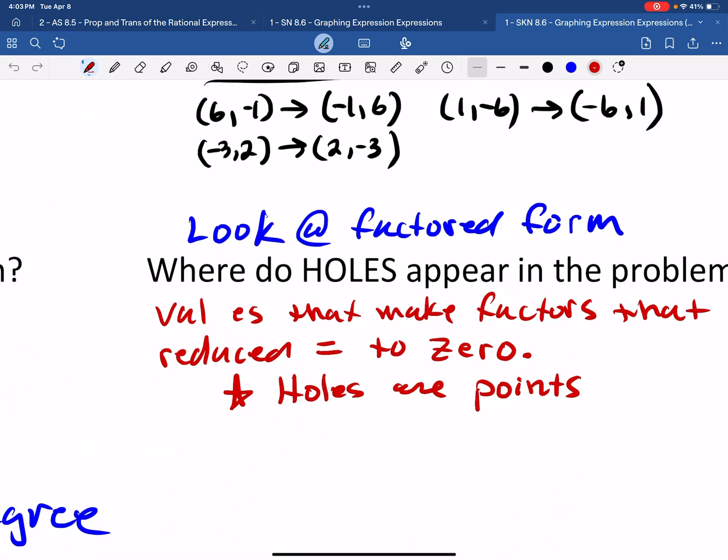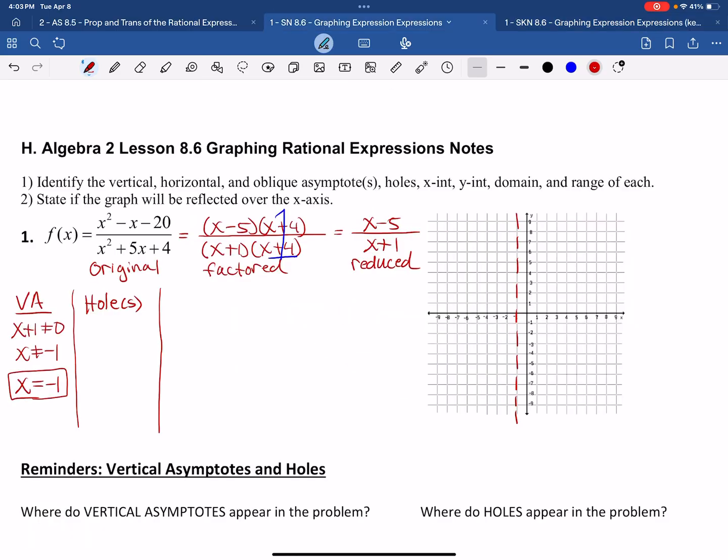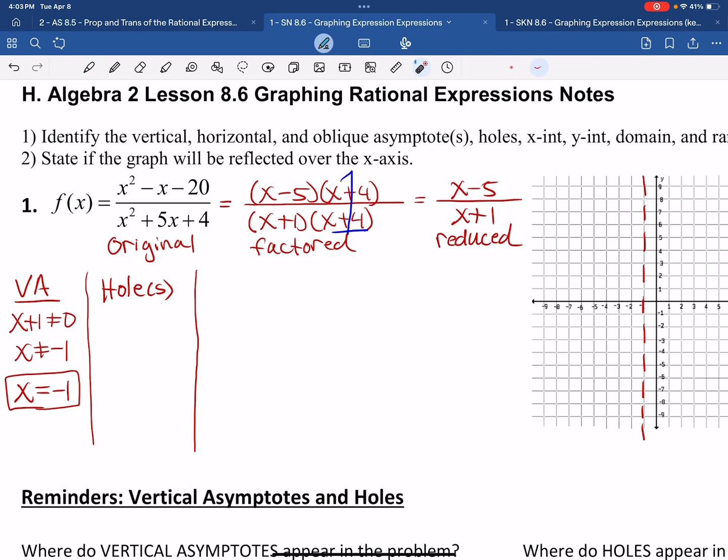And this time we're looking for values that make the factors that reduced equal to 0. So basically we're going back to this factored form, and we're looking for the factor that reduced and its restriction. So we can say that x plus 4 cannot be 0, so x cannot be negative 4.